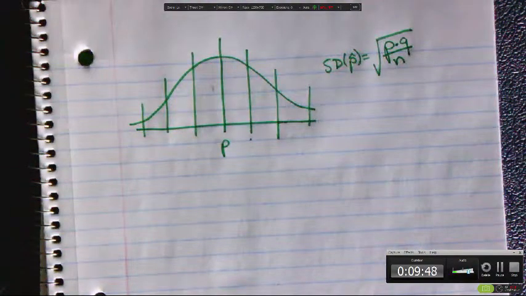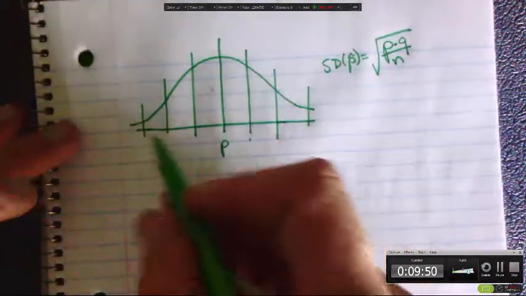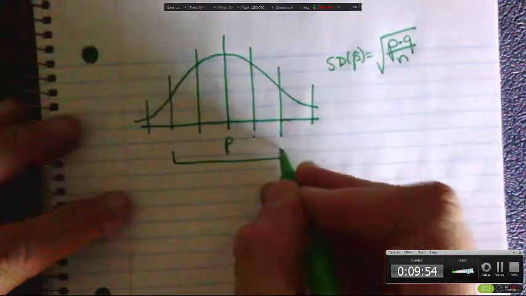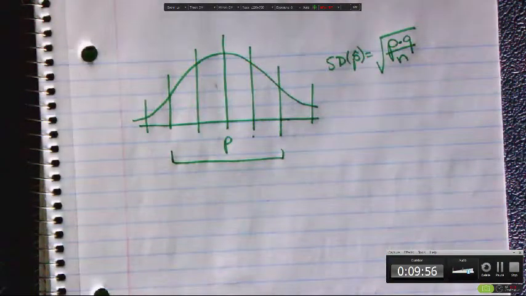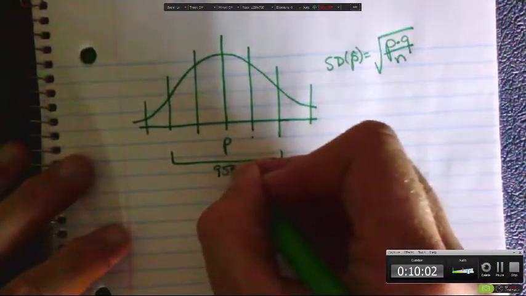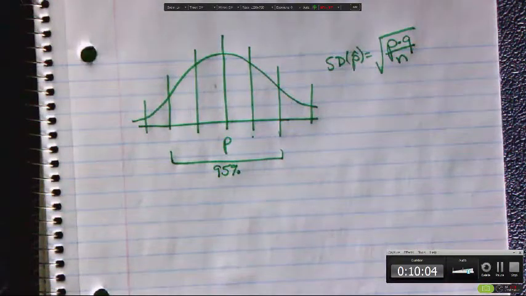Okay, so we've got enough information to look at this as a normal model. And within 2 standard deviations, according to the empirical rule, comprises how much of our data? 95. This represents 95% of our data. Right?